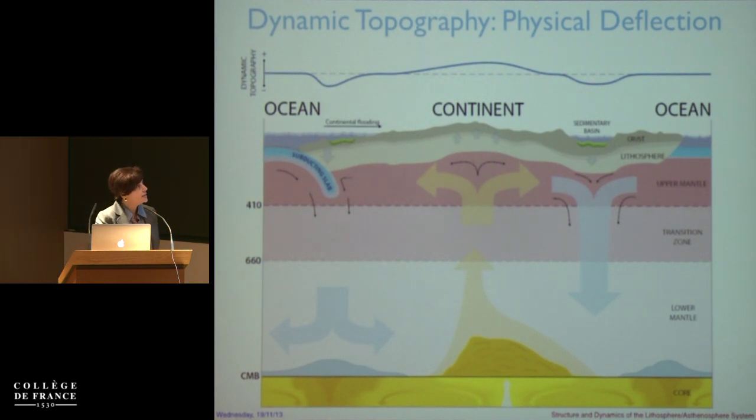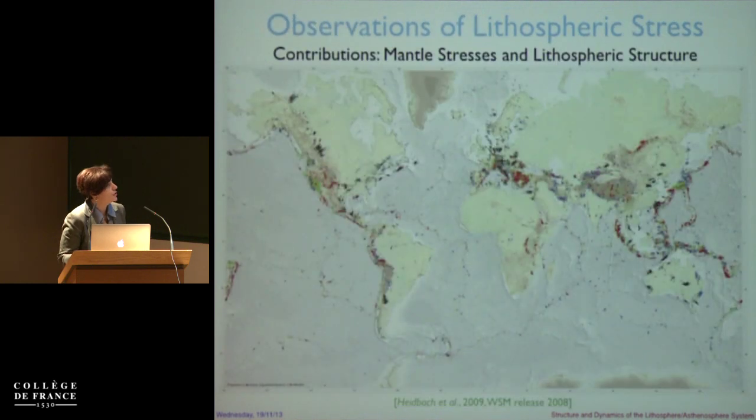You can generate basins by tilting a continent over a subduction zone, and so on. So that means that we will see the effect of the mantle flow directly, not only on the general topography, but also on the deformation. And what sort of information do we have? I'm sorry that these are not as resolved as I hoped.